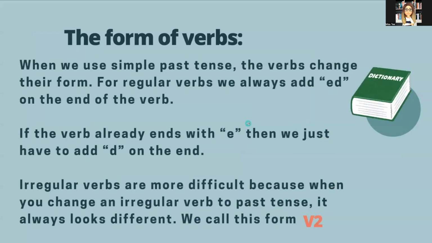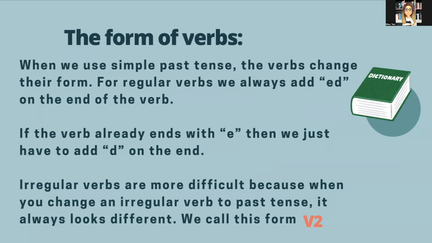Now, we're going to talk a little bit more about the form of the verbs. So when we use the simple past tense, we know that the verbs change their form. So for regular verbs, we always add ed on the end of the verb. But if the verb already ends with e, then we just have to add d on the end.